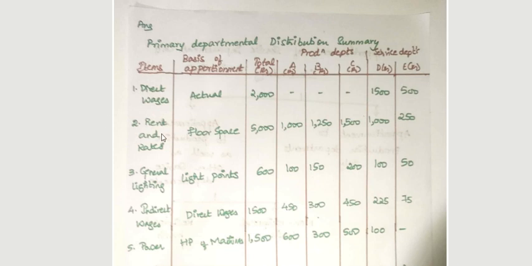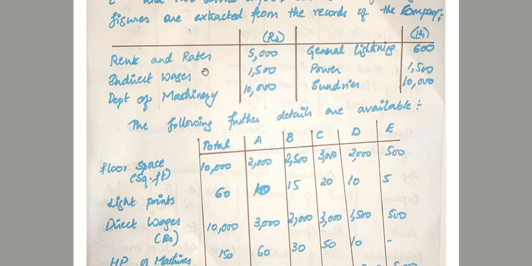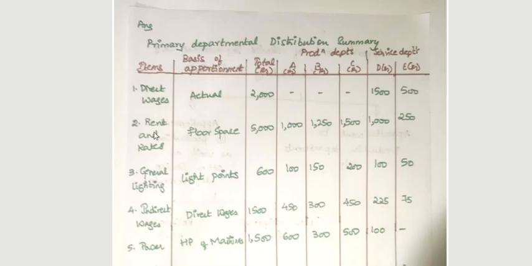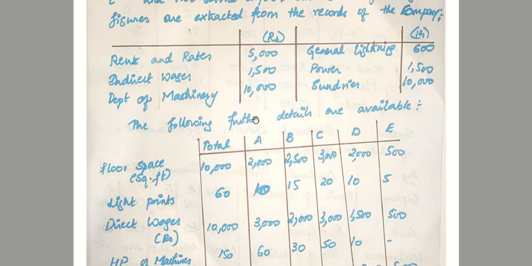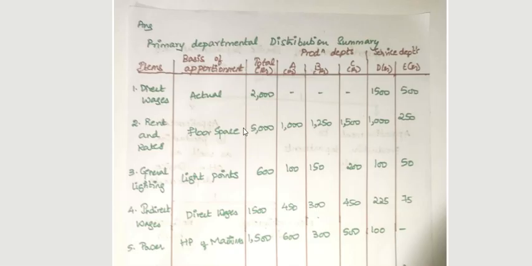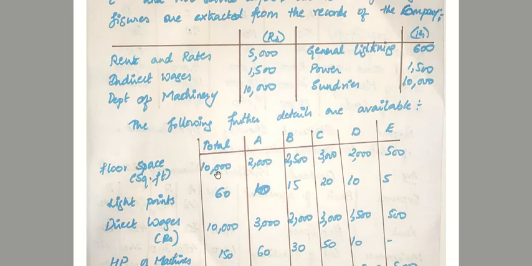So next we'll start out with each overhead. Your rent and rates will be apportioned based on floor space, which is given in your question. So your rent and rates amount is 5000. So 5000 will be apportioned based on the proportion of floor space. Your floor space proportion is 10:2:2.